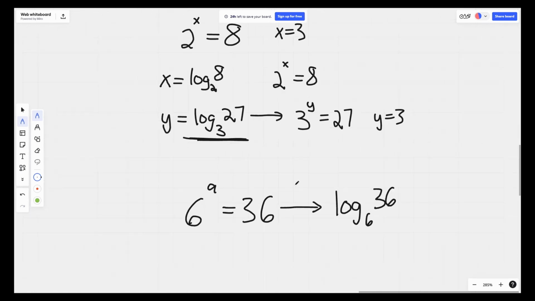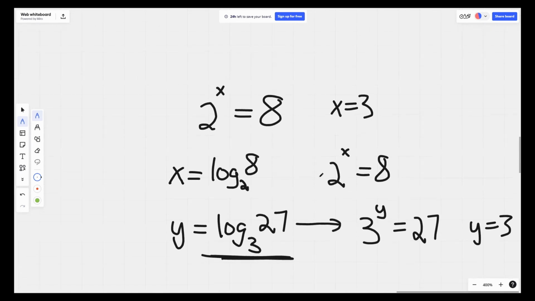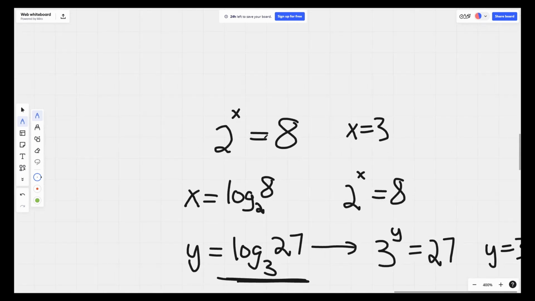If we go back to Charlie's game, if we have 2 to the something equals 8 and we want to find what that something is, it becomes log base 2 of 8. And we say log base 2 because the vocabulary is the same, right? 2 is the base of the exponent, and it's also the base of the log. So that's the way that you can remember it.